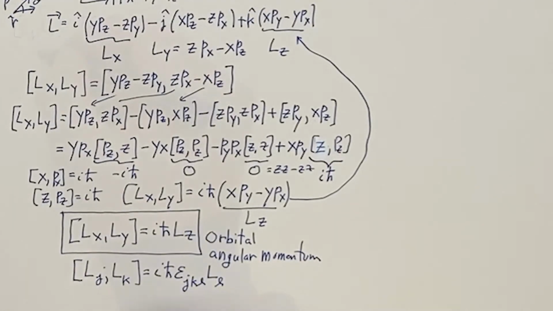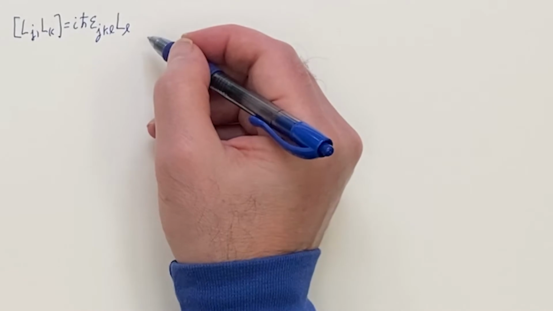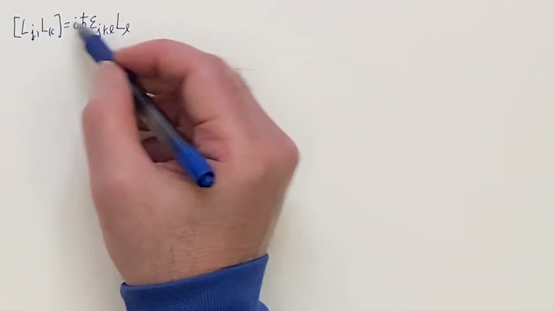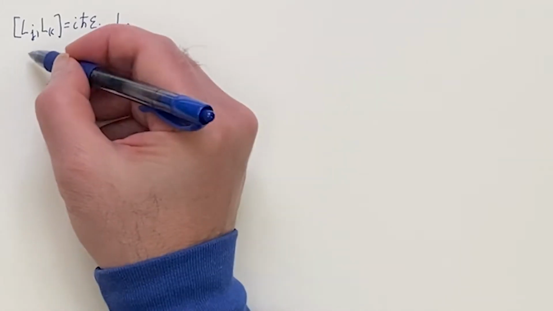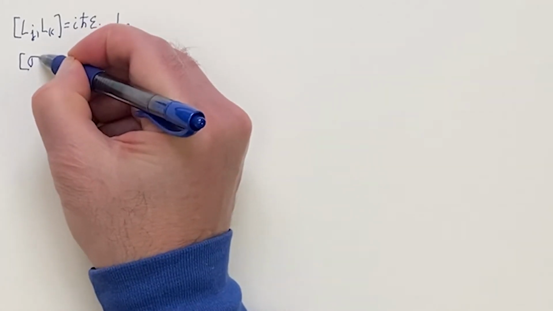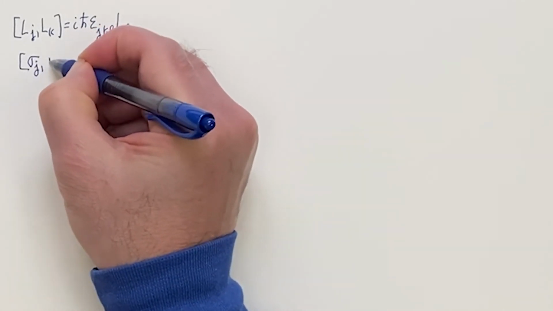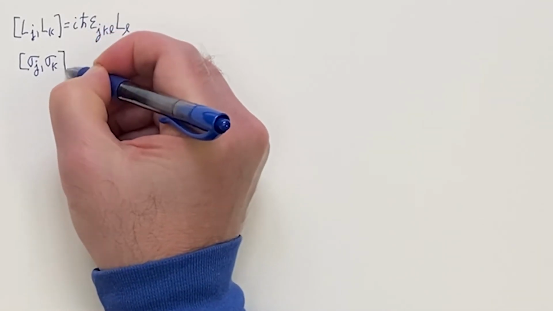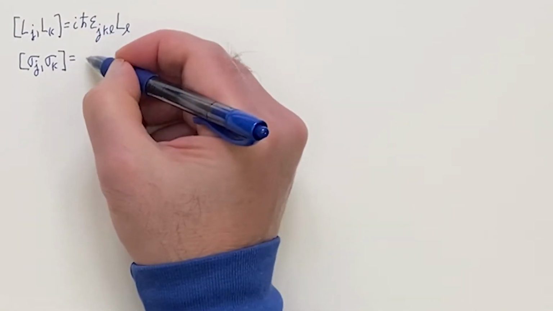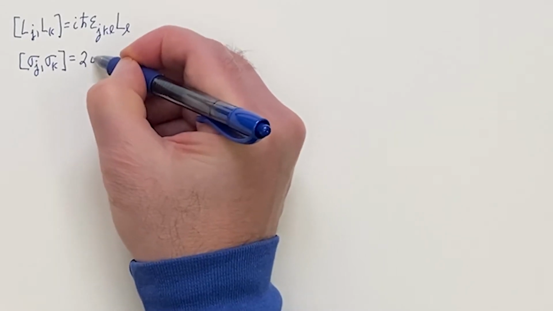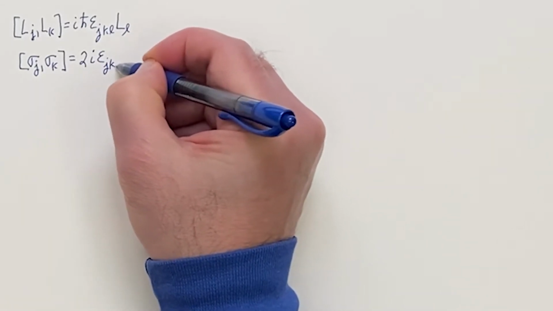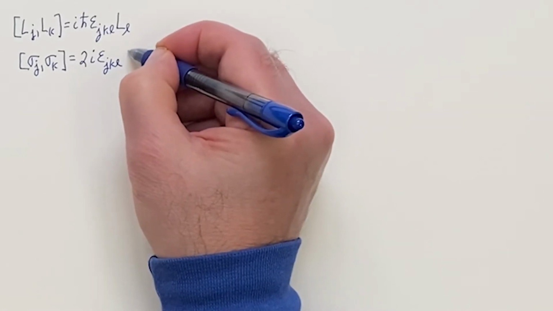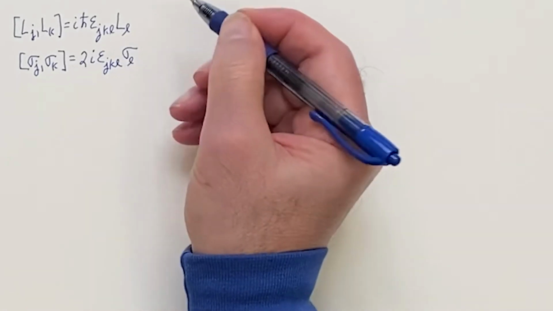But now comes the big payoff. Now, where's this big payoff? Well, this expression for the orbital angular momentum looks very, very close to the relationship we found with the Pauli matrices. We found here 2i, and then the permutation factor, and then we had this.